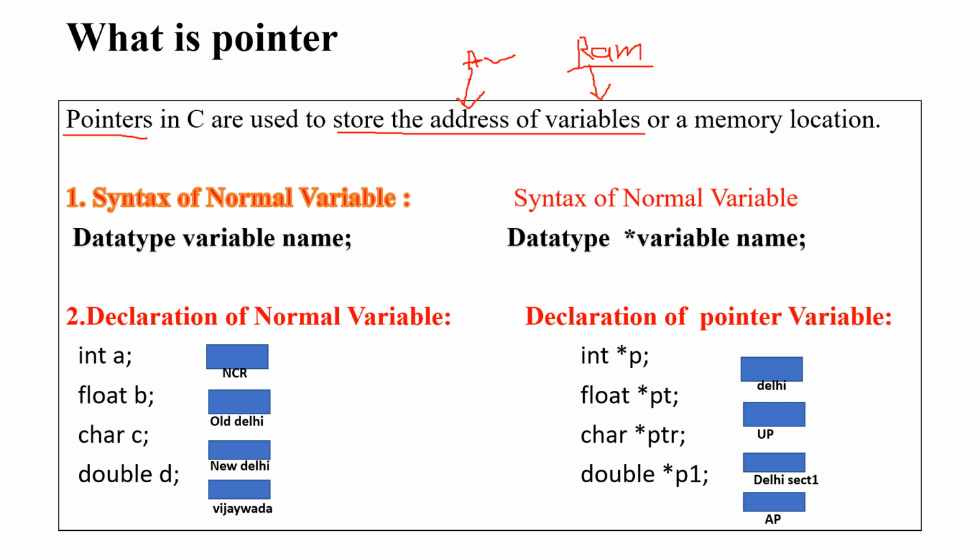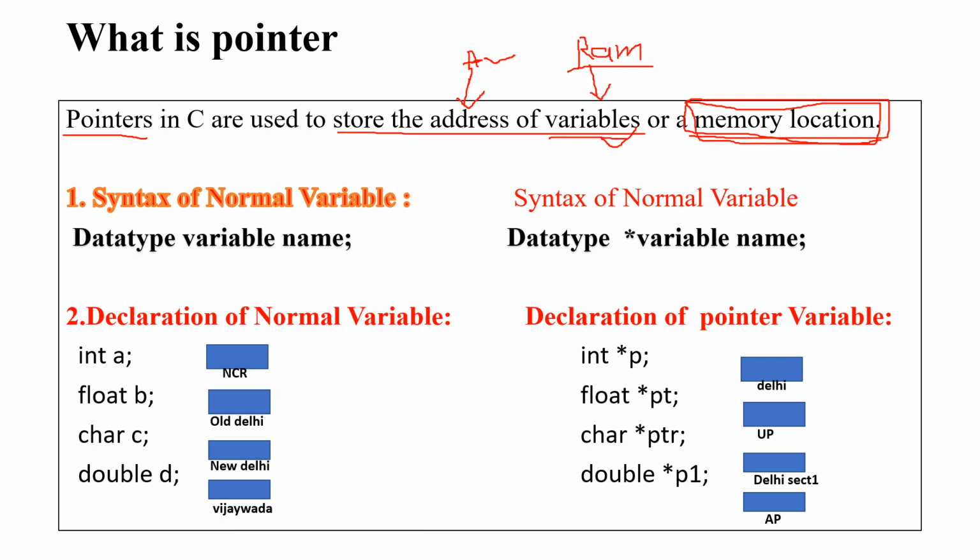If I talk about the computer field, about the variable and address, the address is nothing but a memory location, a space where you are storing the variable. A space where the variable is stored is called the address.